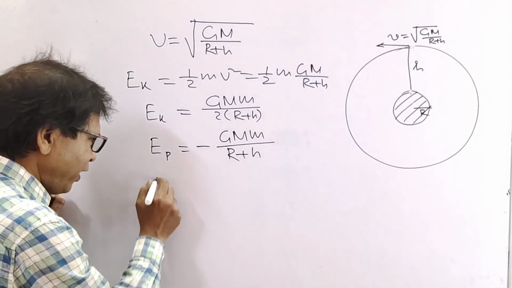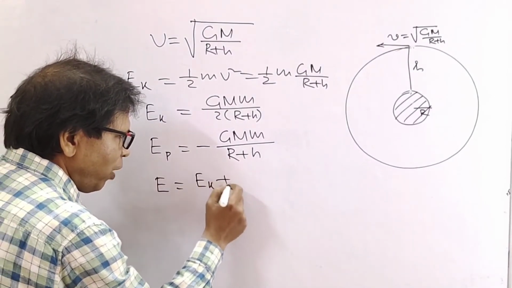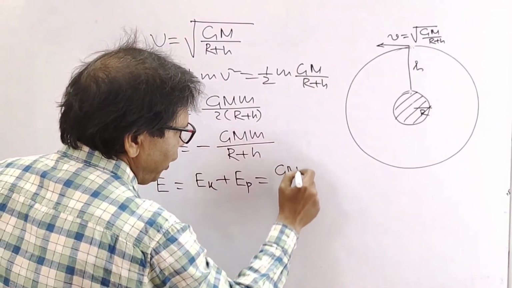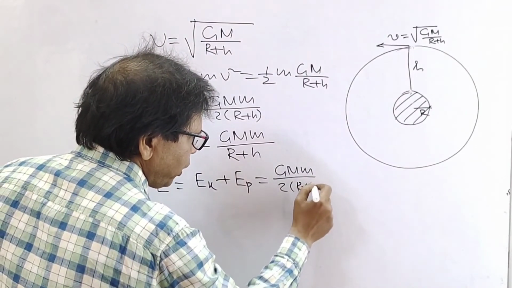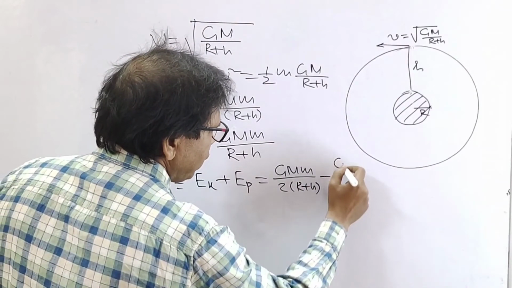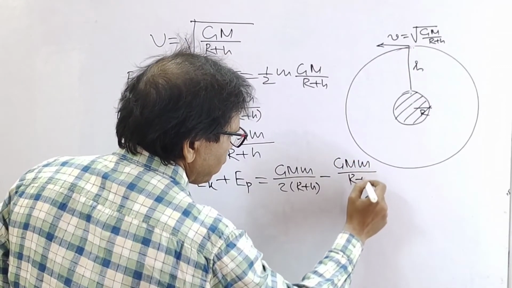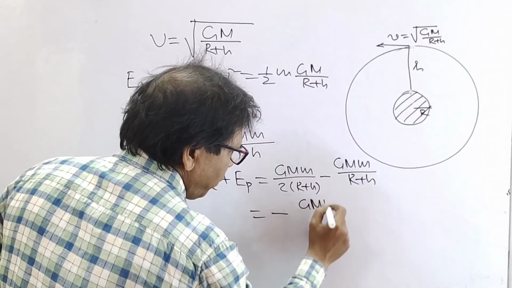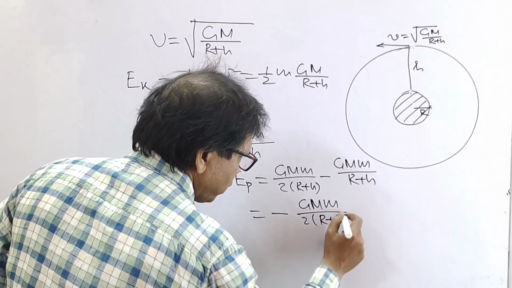So mechanical energy E is equal to EK plus EP. So this is G capital M small m divided by 2 into R plus h, minus G capital M small m divided by R plus h. So this is minus G capital M small m by 2 into R plus h.